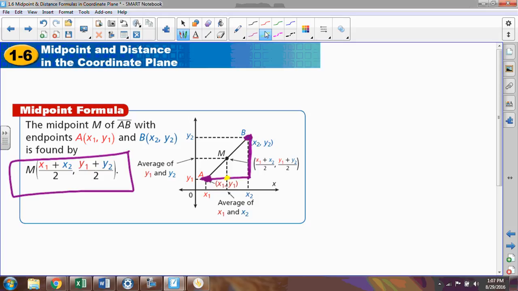And if you average out those two different heights, you can get a height in the middle. If you get the average left and right, and you also get the average up and down, together, those two things bring you right over to the midpoint. The midpoint is nothing more than getting a pair of averages.